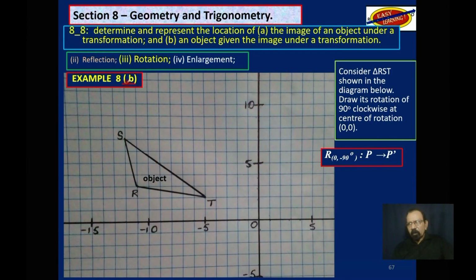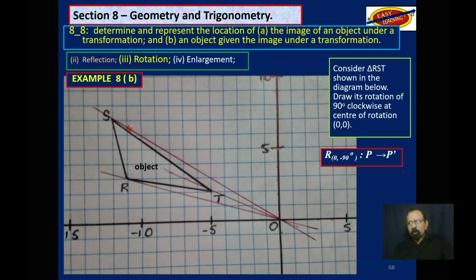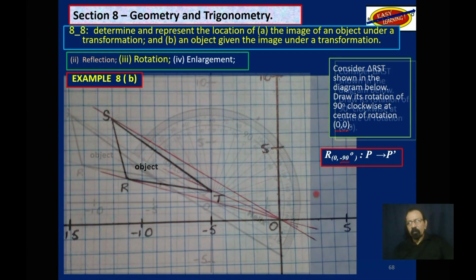Another example like this with a slightly different object. Same principle. From each of these object points, draw a construction line to the center of rotation, and then use each of these to mark off 90 degrees towards your right, because it's negative 90 degrees. That's clockwise.